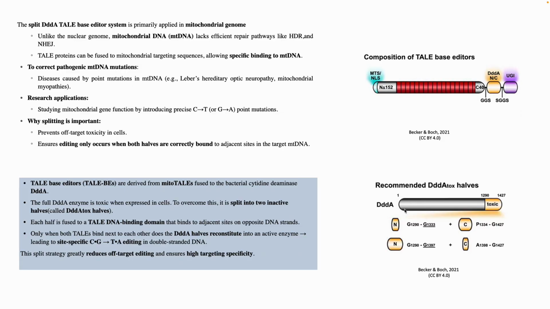So to correct these mutations, this bacterial cytidine deaminase is added or fused with the TAL protein, so they can go and introduce, they can replace the particular mutation, so they can convert the CG into the TA and then can correct the mitochondrial DNA.